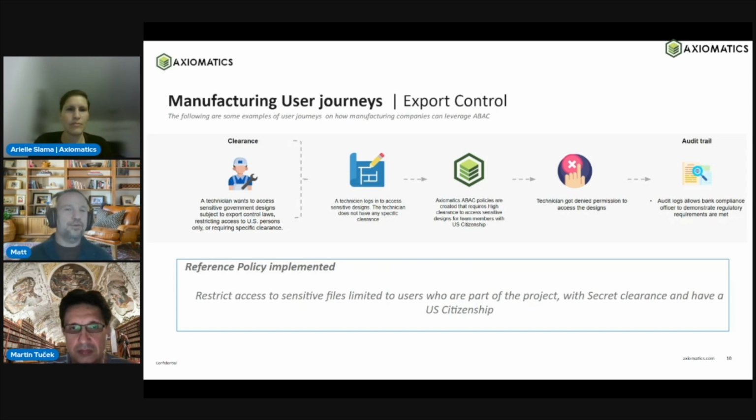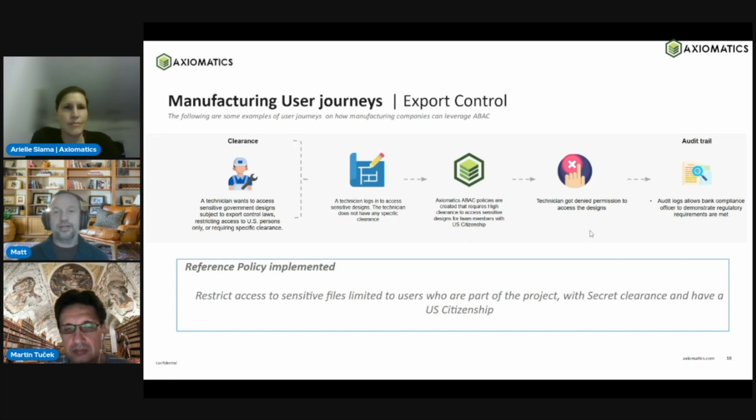So how do they do that? How do they make sure that, again, only the right people have access? One of the first things they do is look at, okay, only people who are part of the project, only people with the right security clearance, and only people with, in this case, U.S. citizenship are able to get access to that information.